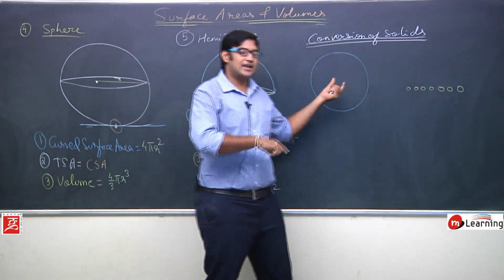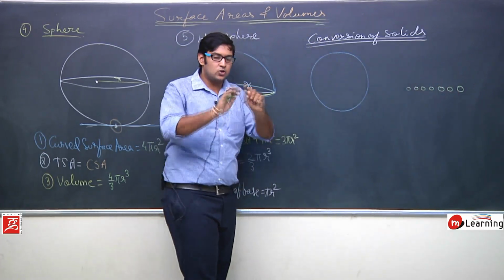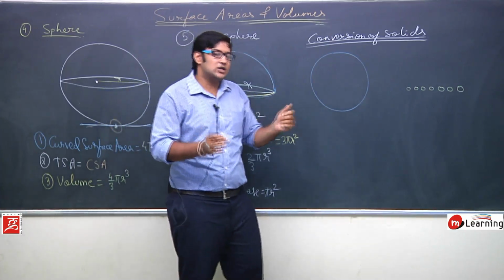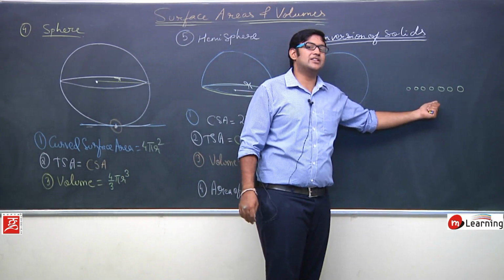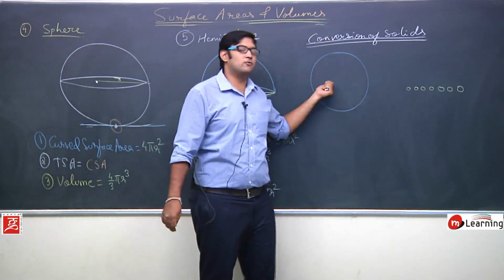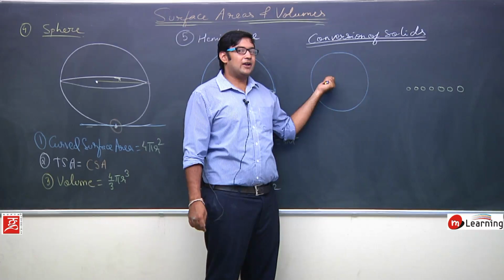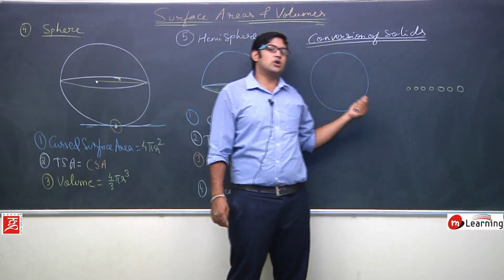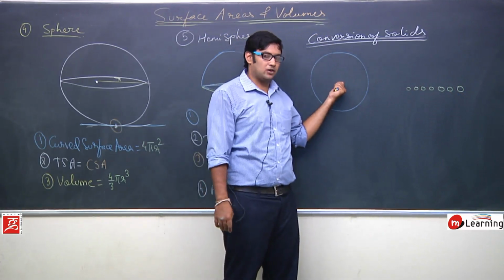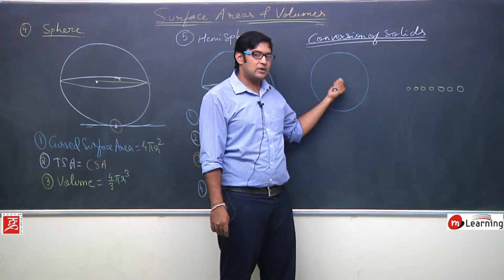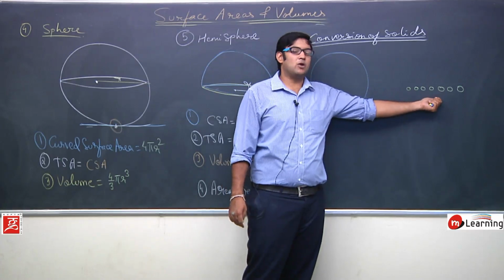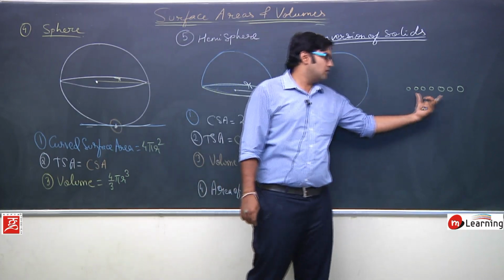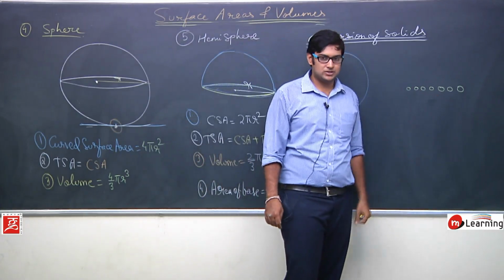I cannot add extra iron into this. So the total iron used to make this ball will be equal to the total iron used to make these balls. If this is a wooden ball and I convert it into small wooden balls, then the total wood that is contained in this ball will be used only to make these small balls.